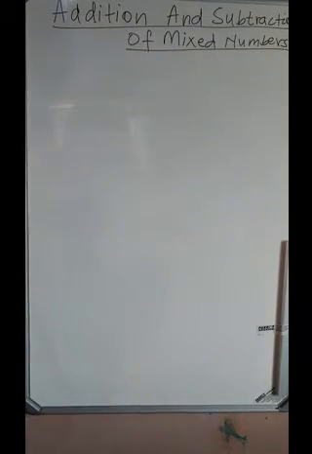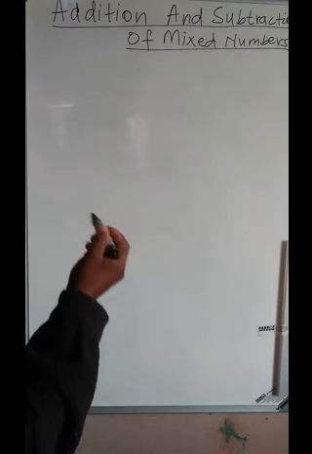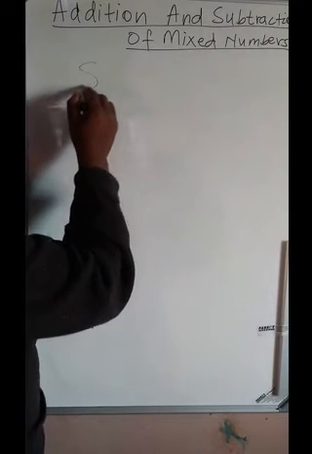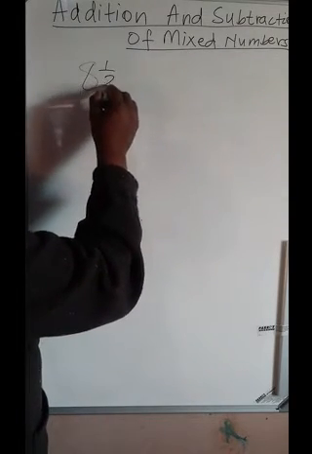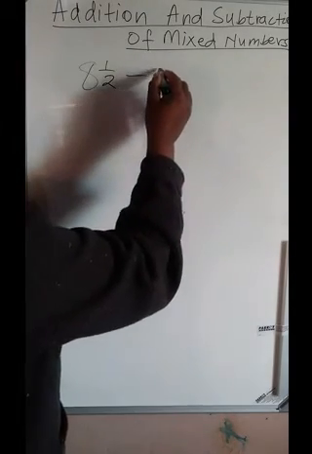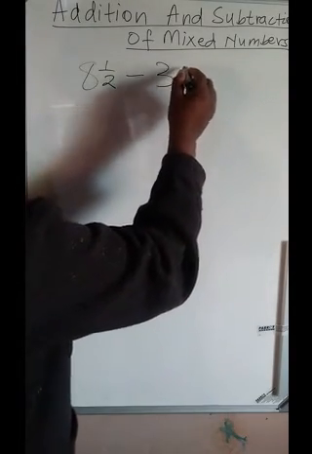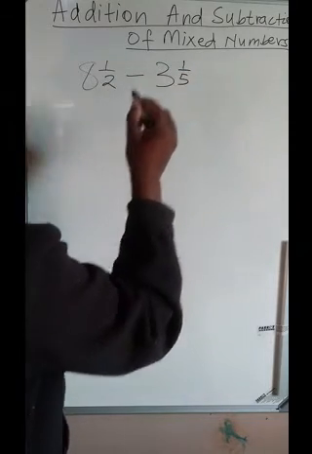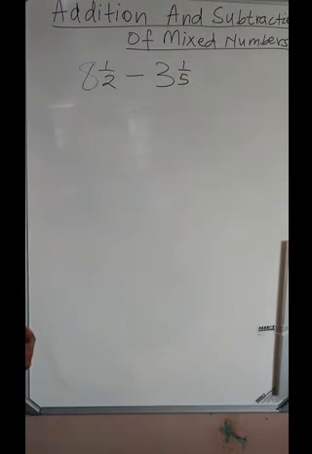We'll make an example. Let us say 8 1/2 minus 3 1/5. So even when we are subtracting mixed numbers, you start by changing the mixed numbers into improper fractions.